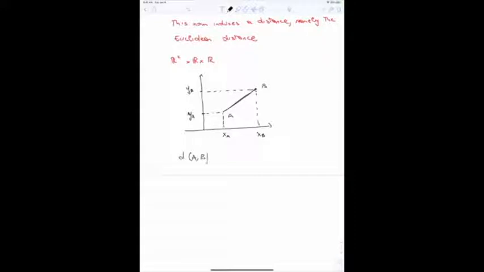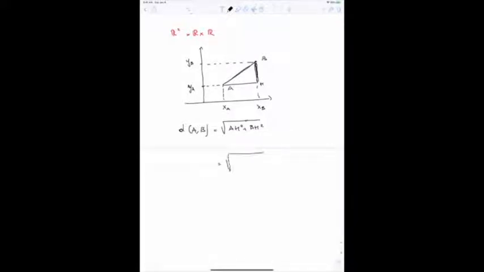So the distance between A and B is the square root of the sum of the segments, let's call this point H. So this can be defined as the square root of AH squared plus BH squared, which is also equal to XB minus XA, so the difference in the coordinates along the x-axis, squared, plus YB minus YA squared.